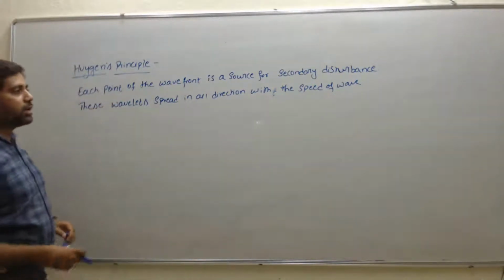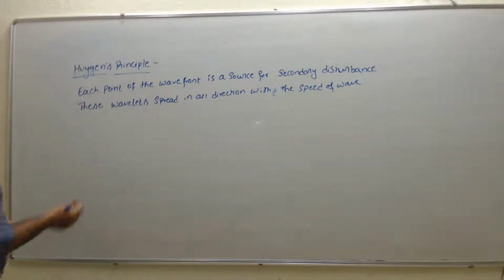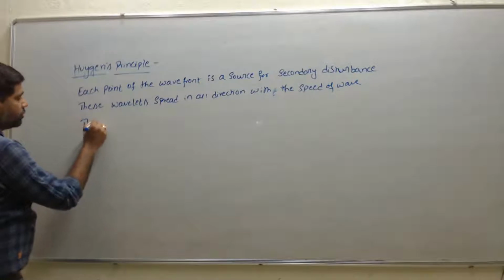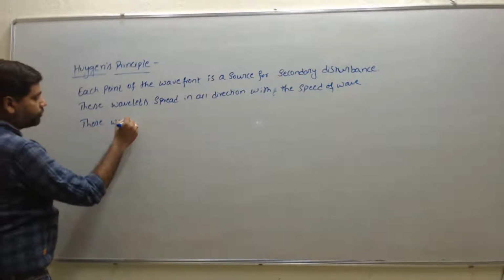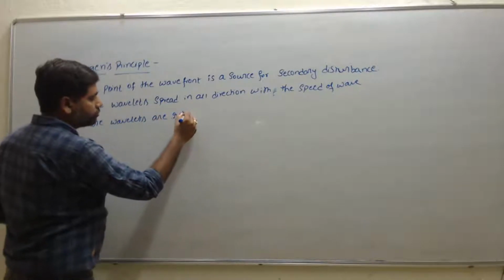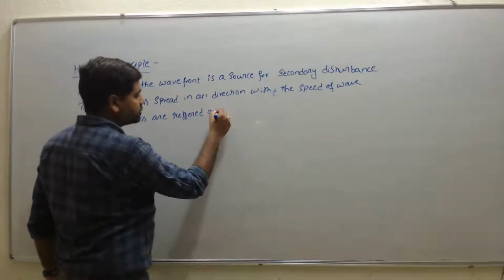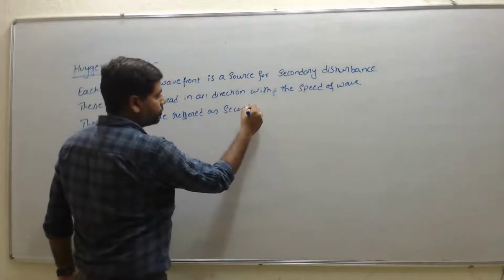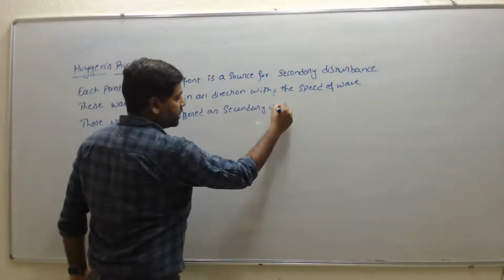The wavelets spread in all directions with the speed of wave, and these wavelets are referred to as secondary wavelets.